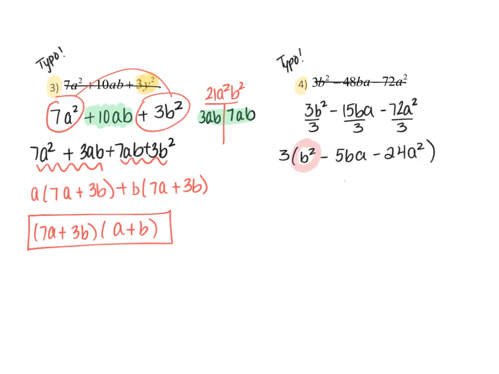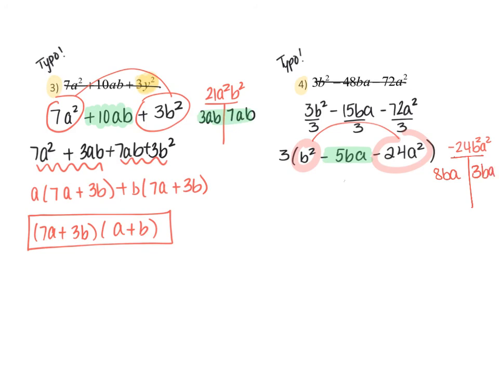Okay, so multiply the first and the last, and by doing so, you'll get negative 24 b squared a squared, and the factors that add to the negative 5ba, which is this middle term, was, hold on, just want to write it down, was an 8ba and a 3ba.